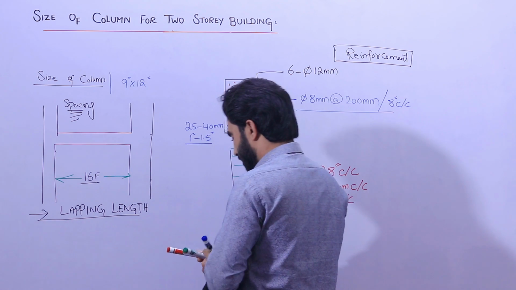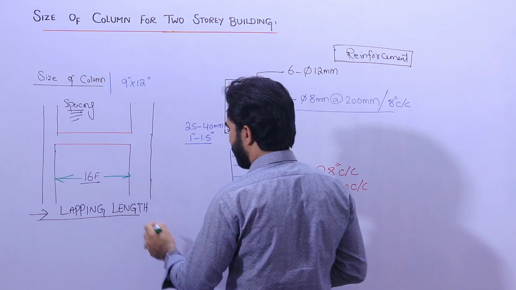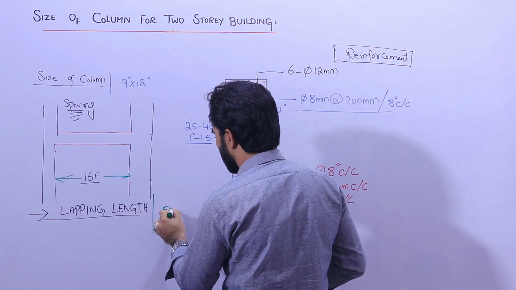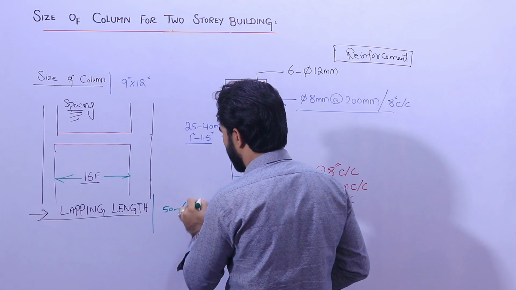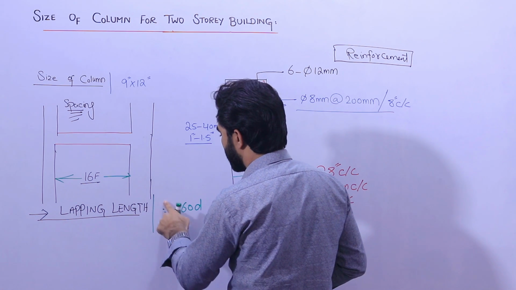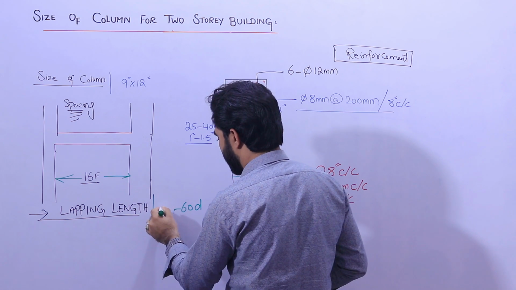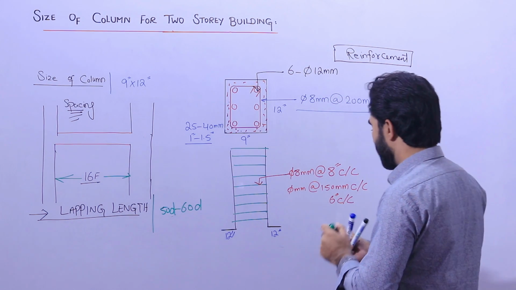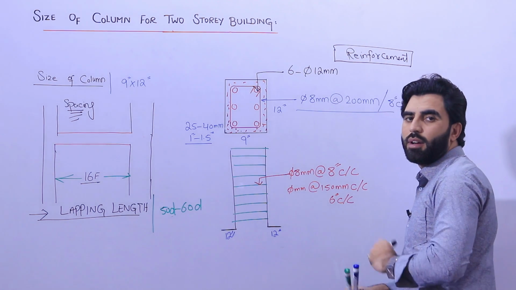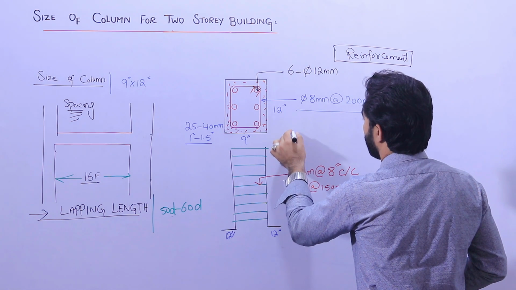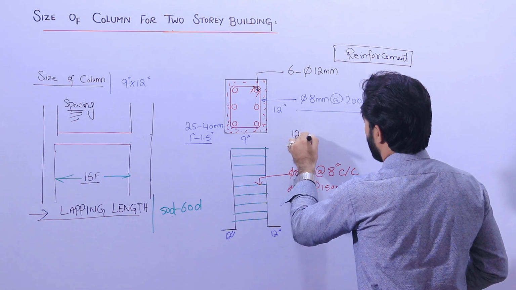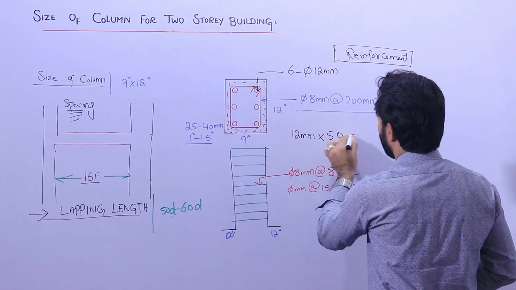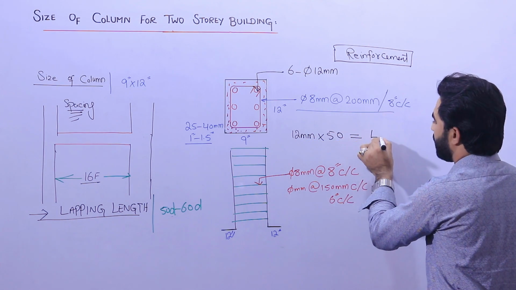Lapping of column should be between 50 to 60 D, where D is the dia of steel rod. 50 D. Suppose I am using 12 mm dia of steel rod, so 12 multiplied by 50, okay, so you can get the length of lapping.